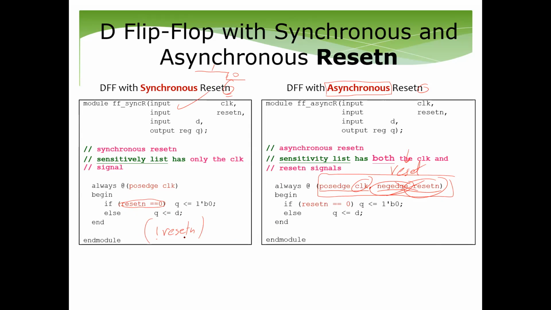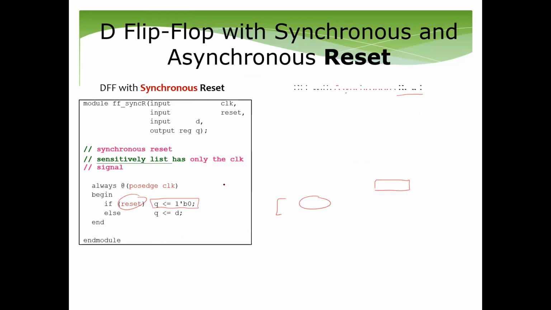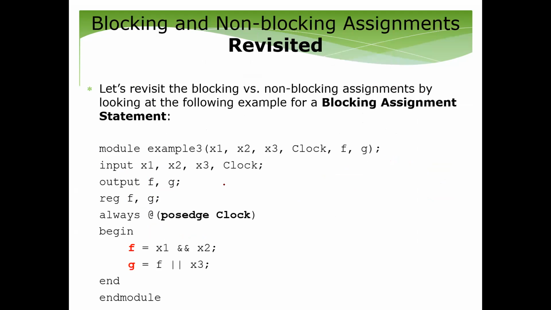So both of these will achieve the reset. And if reset is not active, then you'll just take D into Q. Okay, that's for the flip-flops and what we talked about before.